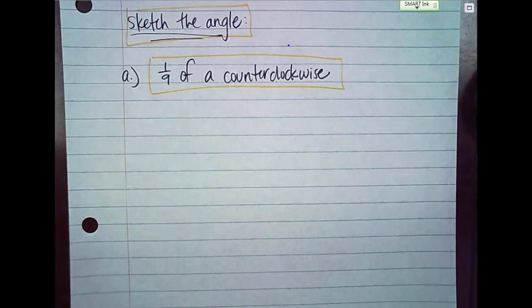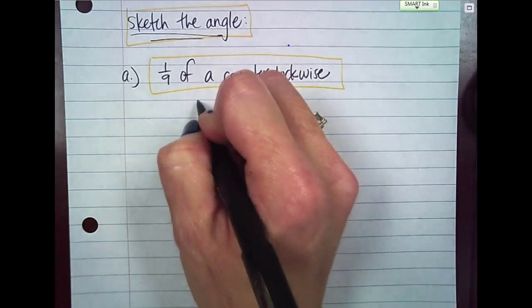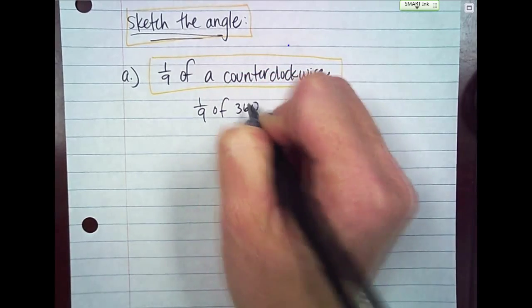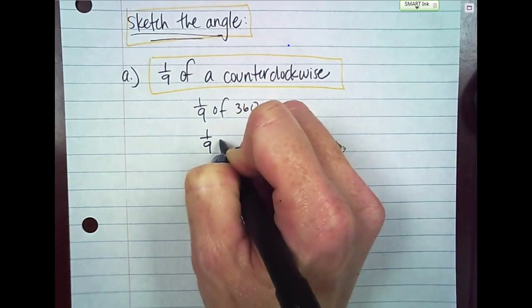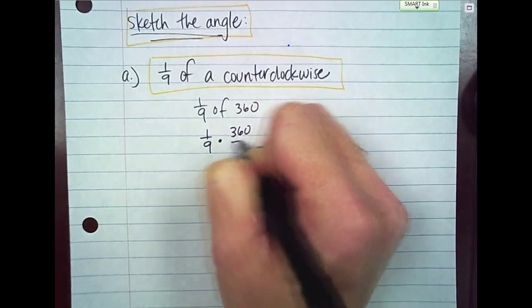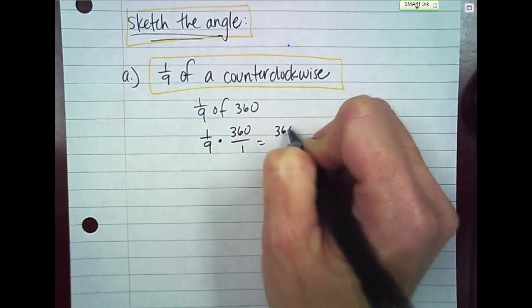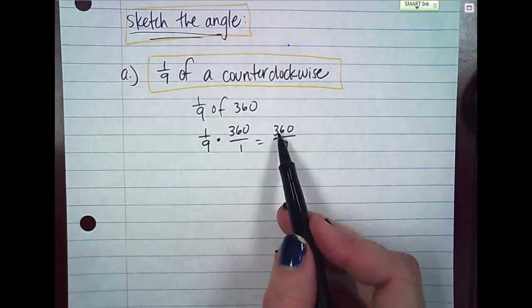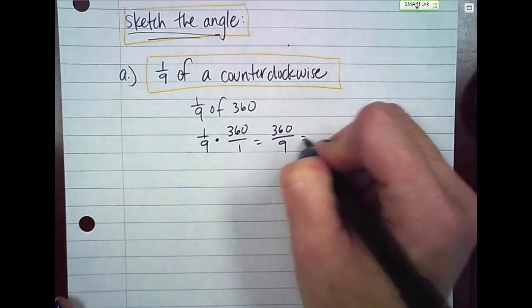Well, how much is the whole circle? Yeah, it's 360, right? So I want to go 1/9 of 360. Well, 1/9 of means times 360, which is 360 over 9. We don't have a calculator, but if you did, 360 over 9 is 40, right? 9 goes into 36 4 times, so it's 40 degrees.